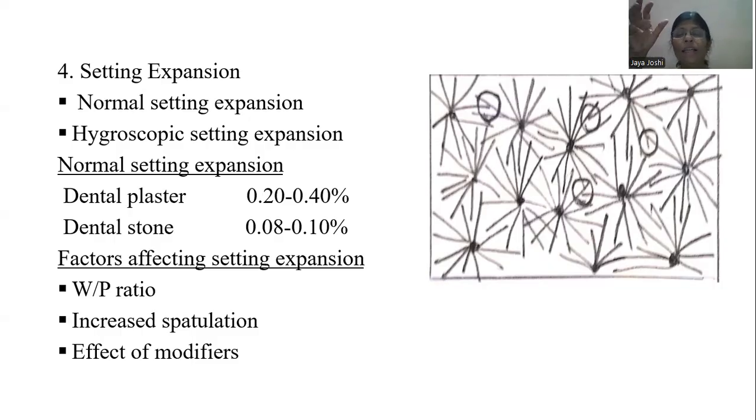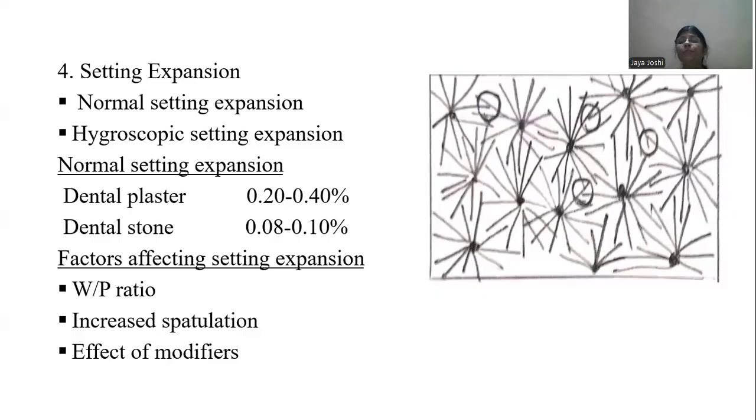Normal setting expansion is a disadvantageous property as it will result in a small amount of expansion in the cast which we are making. But hygroscopic setting expansion is an advantageous type of expansion, because it helps to compensate the casting shrinkage. You can see the values of normal setting expansion of dental plaster as well as dental stone.